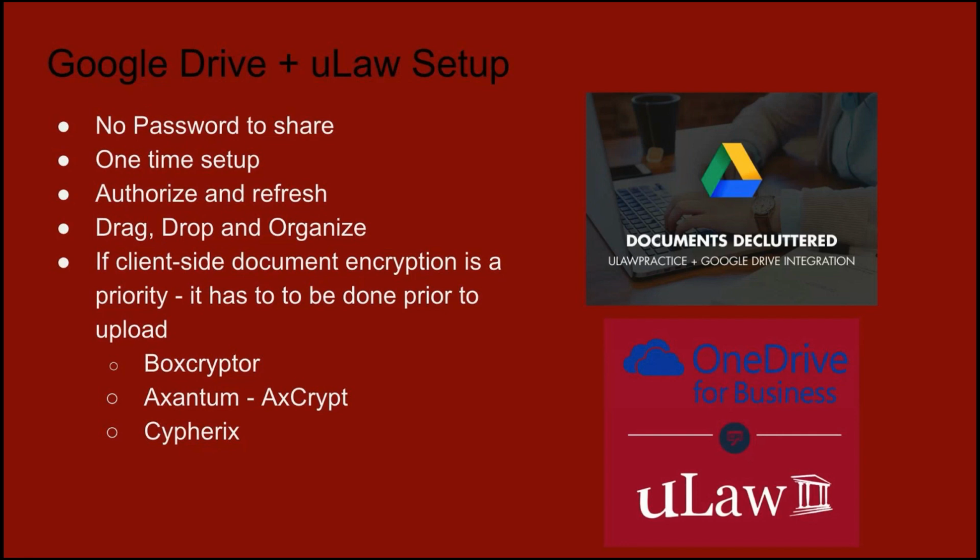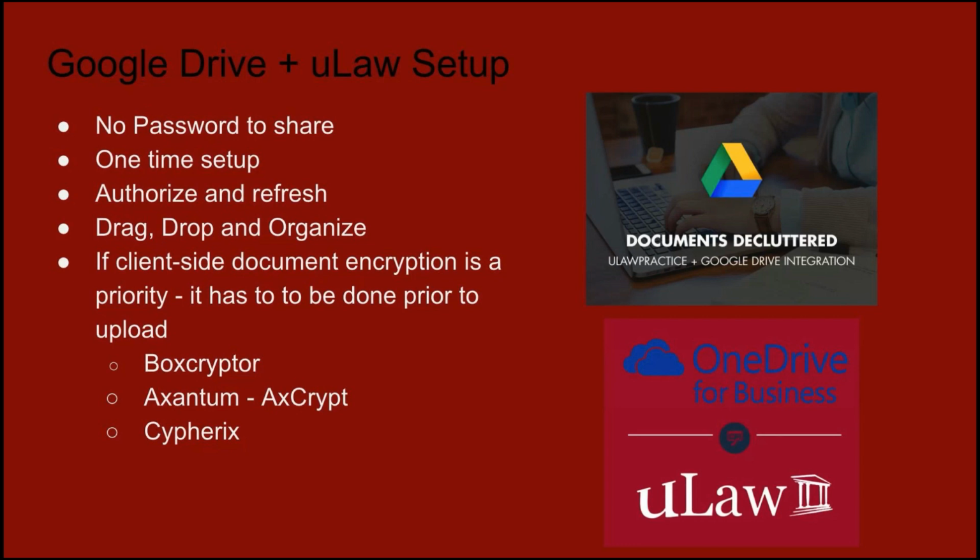Now, when you go to the Google Drive and uLaw setup, there are other things we saw too. You don't have to share your password. You just sign in directly, saying that you're a Google user, and it is just a one-time setup. The same way, when I go back into uLaw to do another client's matter, I don't have to literally sign in each time.